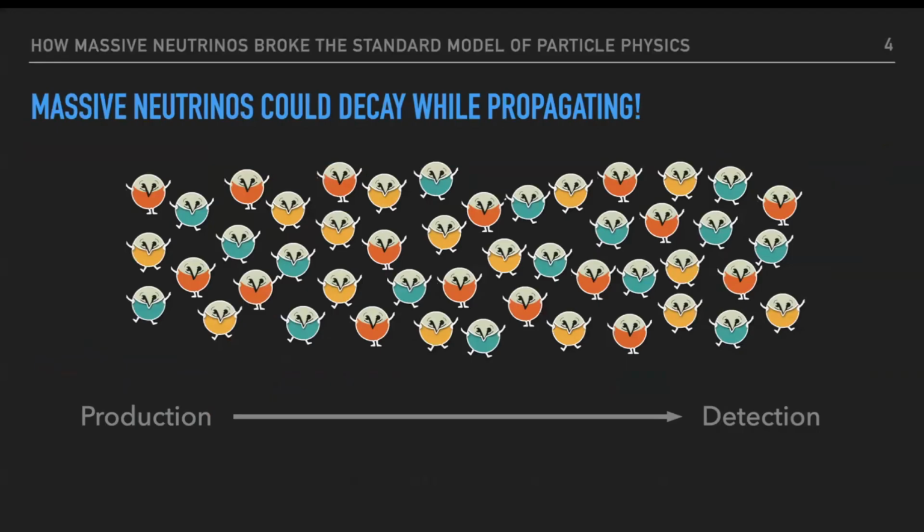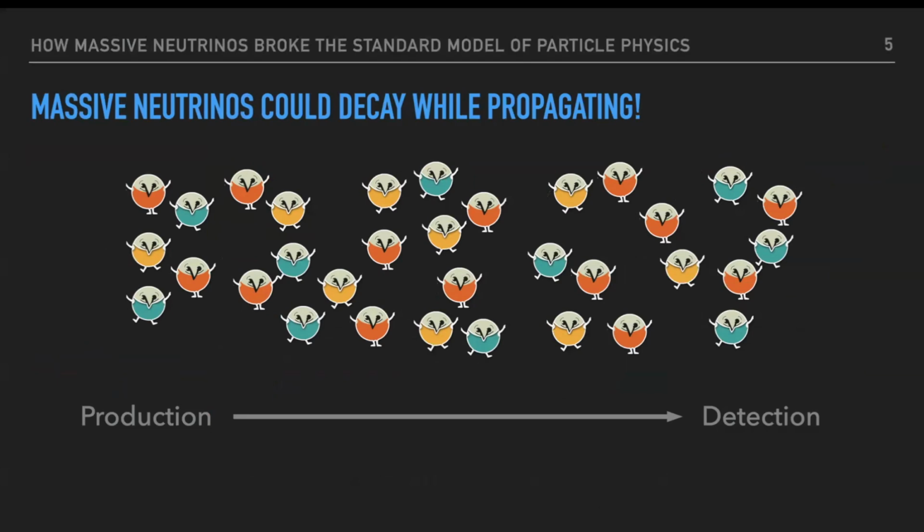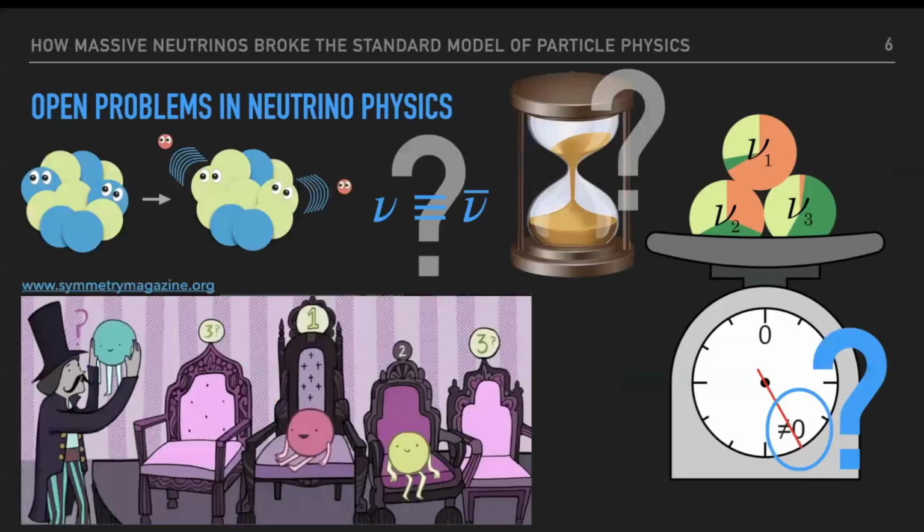Massive neutrinos also open the possibility for them to decay during their path from the source to the detection point. The discovery of neutrino masses, of course, generated a lot of still open questions in neutrino physics. First of all, the most urgent one is related to the absolute value of neutrino masses, since we do not know what these values are, and also related to the neutrino lifetime, whether neutrinos are stable or can actually decay.